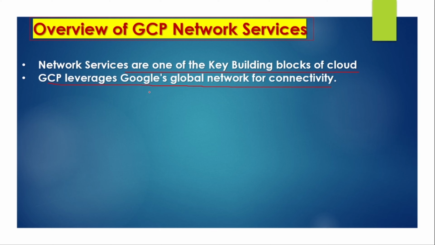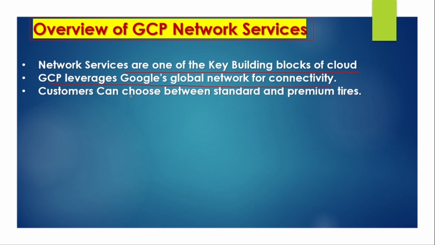Google has a very expensive infrastructure, and on that infra there are Google's own applications like Gmail, Google Search, or YouTube, and these are some of the best performing applications in the world. So the customers who go for GCP network services will be using the same network connectivity that Google services are using for their purposes, and that's one of the key advantages of using GCP network services.